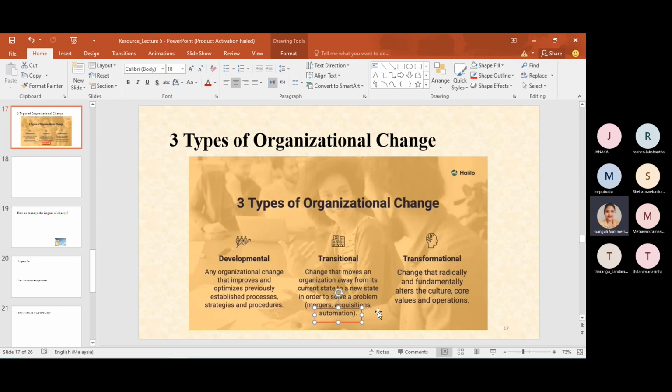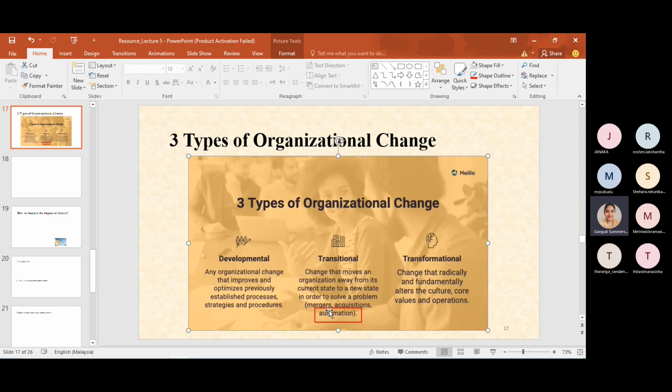During this change, you can see there are lots of new machines and lots of equipment being fixed in the organization, in the company. That is an example of a transitional change, implementation of machines or equipment. We call this automation.